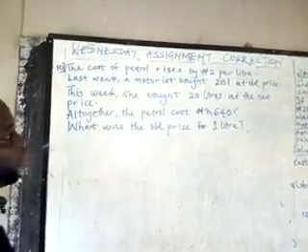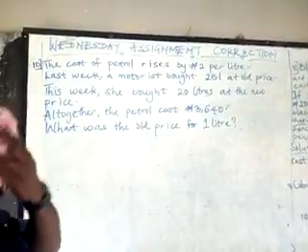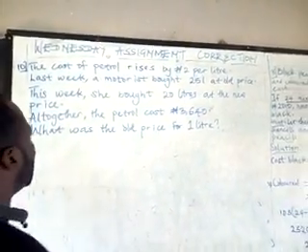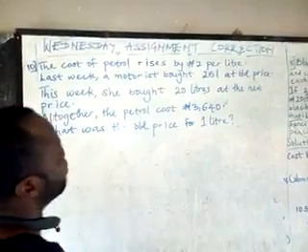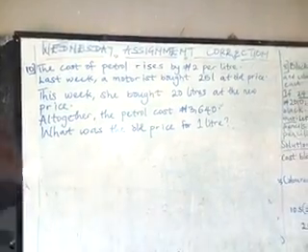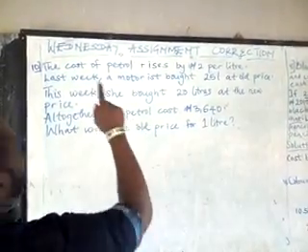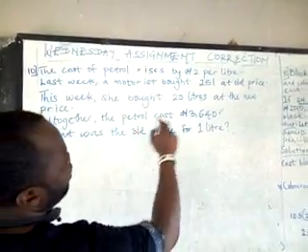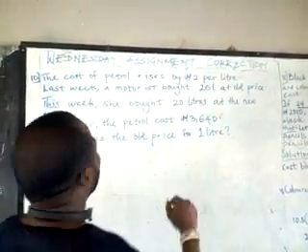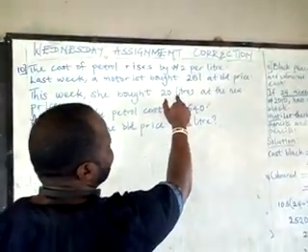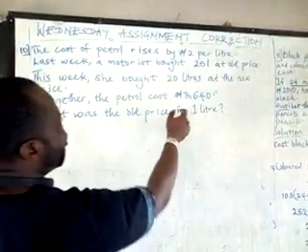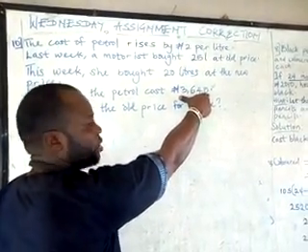This week, she bought 20 liters at the new price. The new price we do not know. Altogether, the petrol cost 3,640, which means buying at the old price a quantity of 25 liters and buying at the new price a quantity of 20 liters together will make up 3,640.